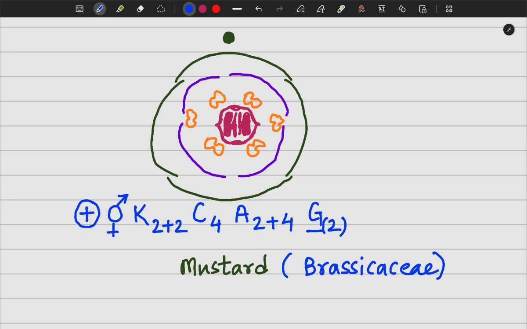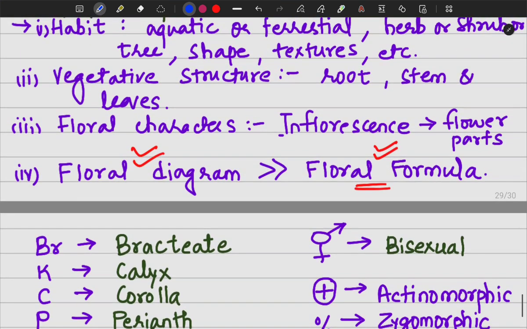Then we come to the floral characters of the plant. In the floral characters, we first describe the inflorescence and then the floral parts.